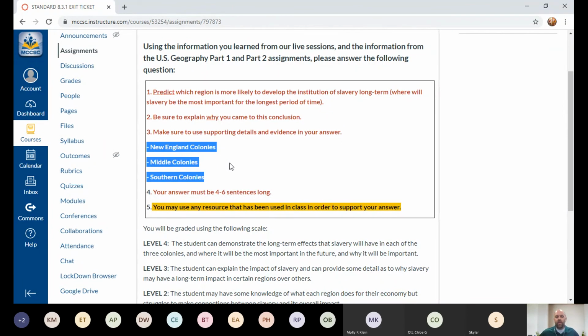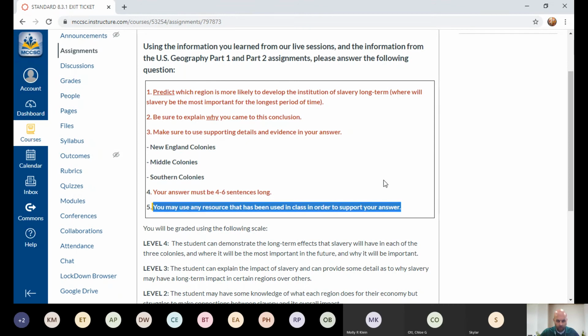Okay? That's a big thing. You have to explain why. You can't just say it's going to be in this region because that's where it's important. You have to explain why. You have to cite evidence. And this is why I'm letting you use any resource you want to answer this, okay?